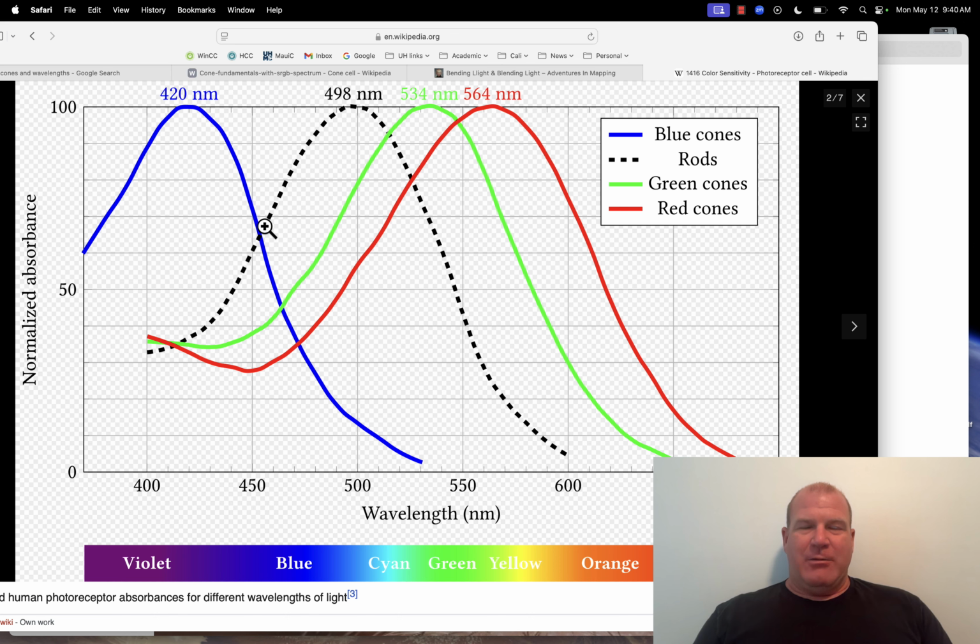Our brain will interpret that stimulation of the cones pretty much the same as violet at 400. You can see that green increases a little bit too. So if we look at blue and red light together and violet light, our brains will interpret it the same way.